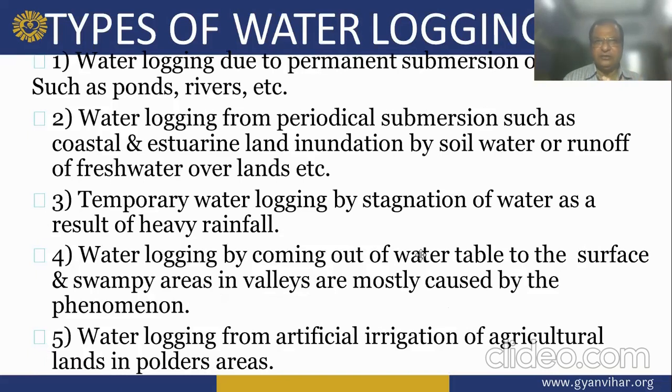Waterlogging occurs due to permanent submersion of land, such as along rivers. Waterlogging also results from periodical submersion, such as in coastal and estuarine land, and from runoff of reservoir water over land.